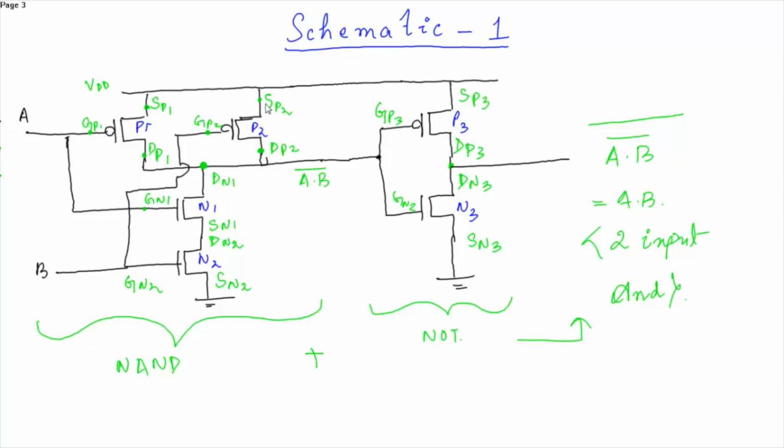Okay, now let's see the twisted diagram of a 2 input AND gate, which is very convenient in order to draw the layout.